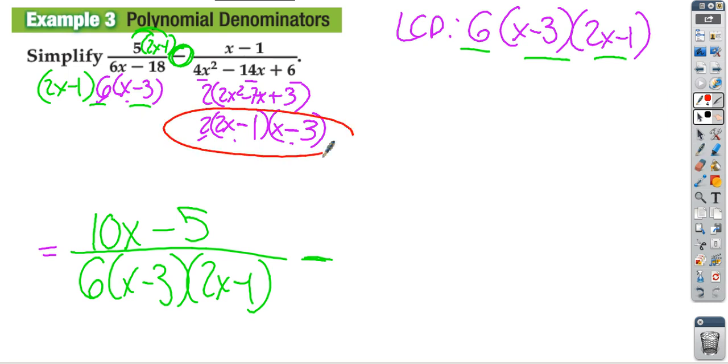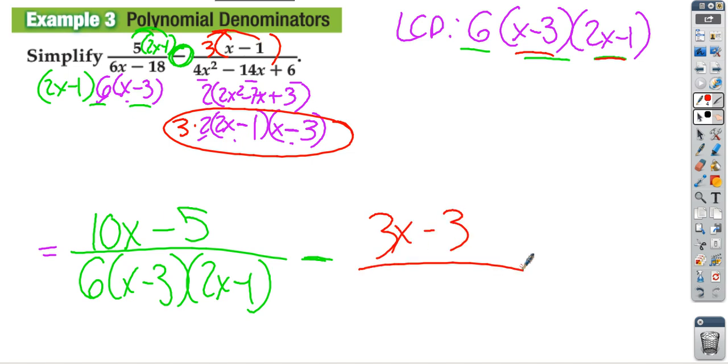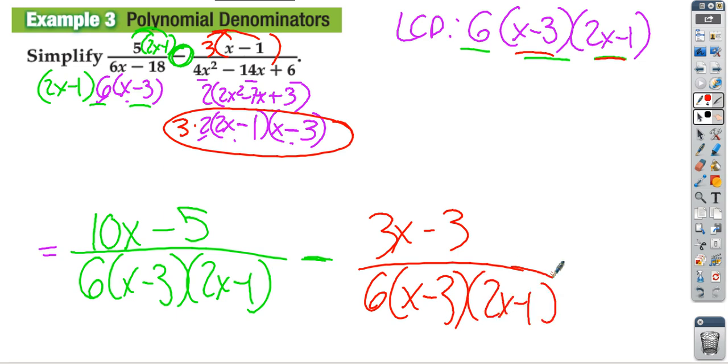Okay, this one right here has almost everything. It has an x minus 3, it has a 2x minus 1, it needs to be 6, and right now it's 3. So I need to multiply that by 3 and multiply this by 3. If I distribute the 3, I would get 3x minus 3, and the denominators are now the same, so we can combine these. Now I mentioned there's something with this minus right here. This minus is actually subtracting that whole thing, so you need to put that in parentheses to just be aware.